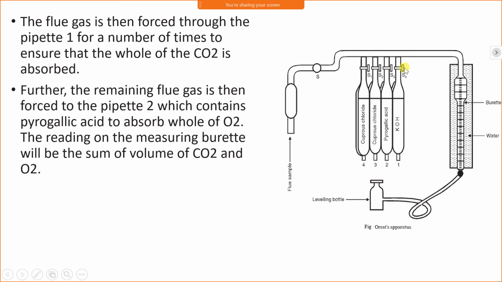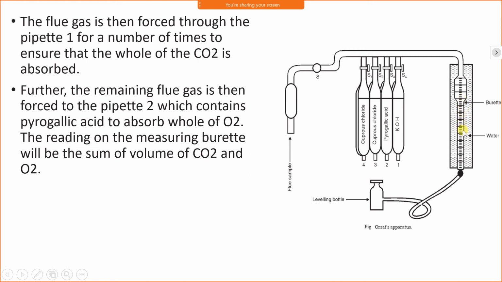We will close cock S4 and open cock S3 to allow gas to enter the pyrogallic acid. Pyrogallic acid will absorb the oxygen, and we keep the gas inside this pipette for some time so that it can absorb all oxygen. Then again the leveling bottle is lowered and we measure the quantity of gas.